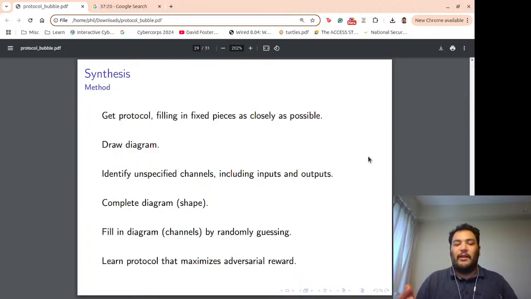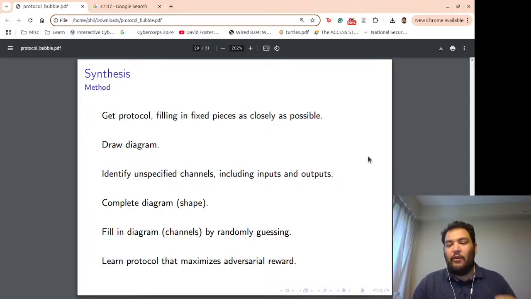It was like a user ID. So oftentimes the protocol designer assumes something about the input that starts off the protocol without actually requiring it. And so that's another unspecified channel: the input to the protocol.